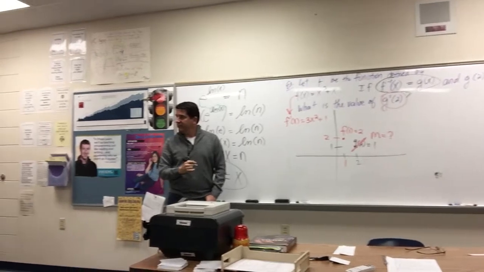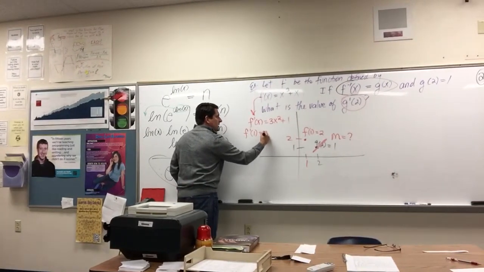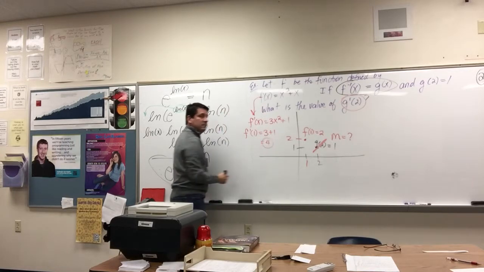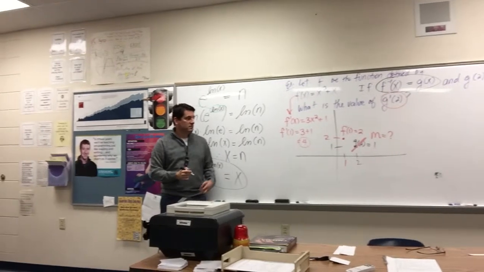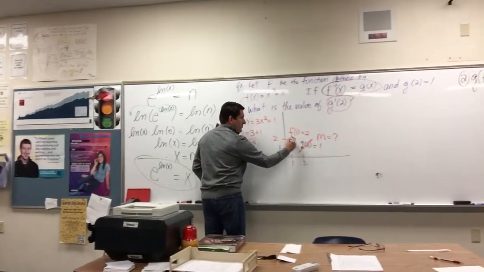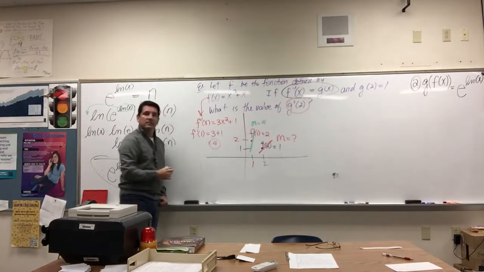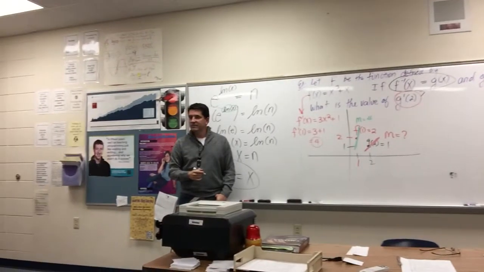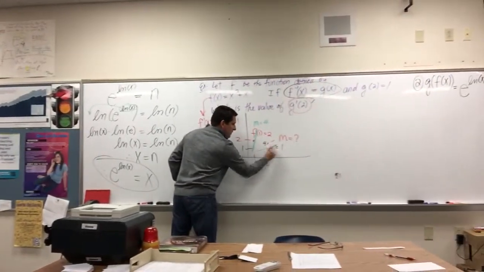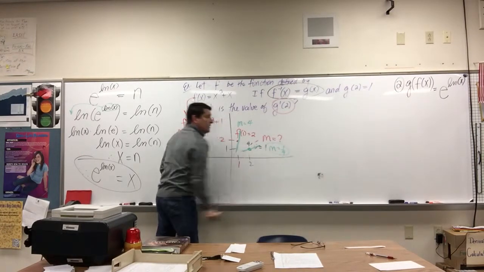That's the derivative of f. And f prime of 1 is equal to 3 plus 1, which is 4. So I know for sure that the slope here is 4. Therefore, the slope here must be 1/4. Final answer.